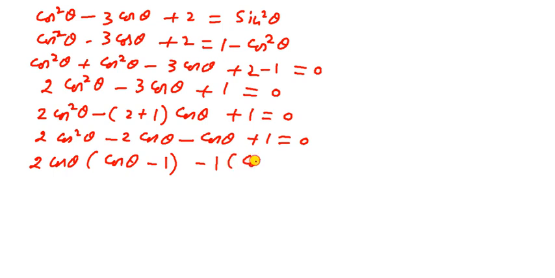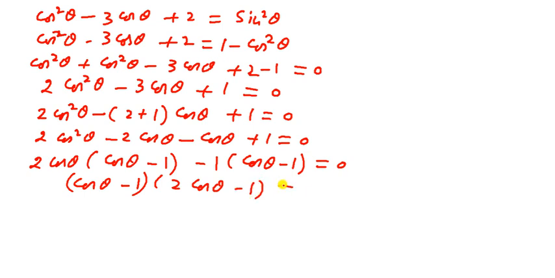So taking 2 cos theta as a common, we get cos theta minus 1, and minus 1 as a common, so we get cos theta minus 1. Now we have cos theta minus 1, and here 2 cos theta minus 1 equal to 0.